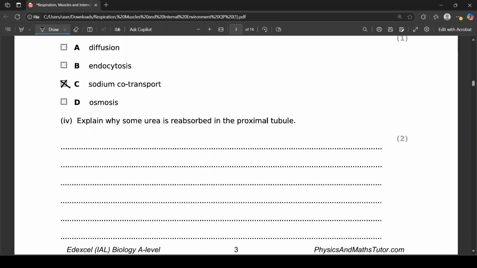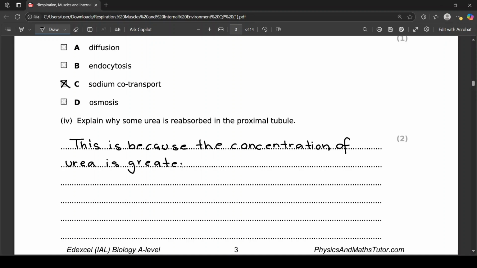This is because the concentration of urea is greater in the filtrate than in the blood.